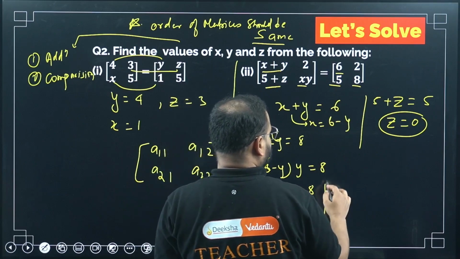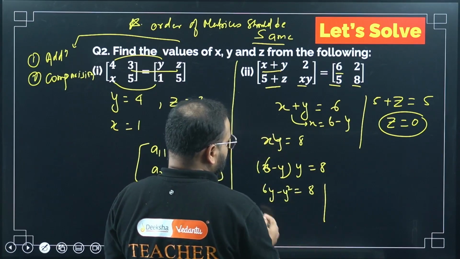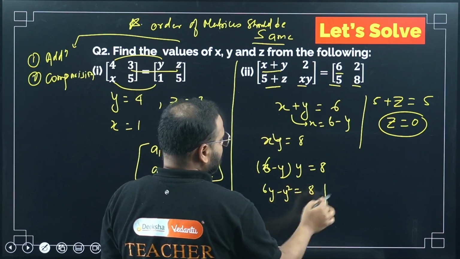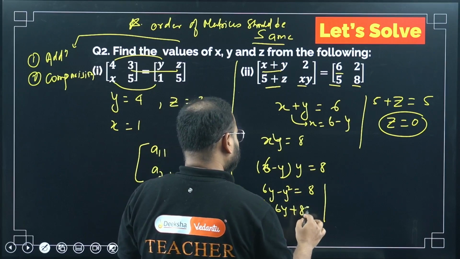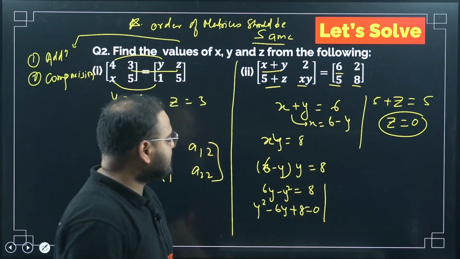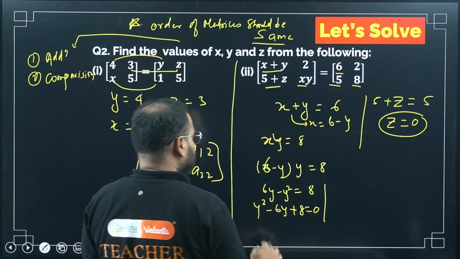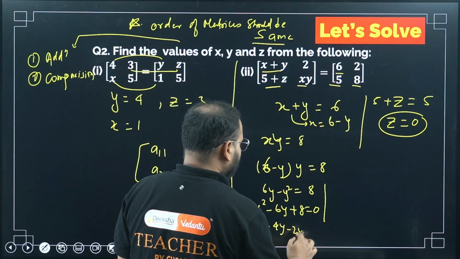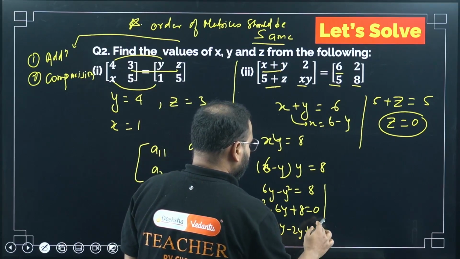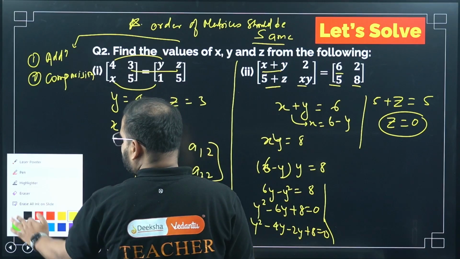Okay. Now from here I'll get a quadratic. So bring everything to the other side. I'll get y square minus 6y plus 8 equals 0. Can we factorize it? Yes. Minus 4, minus 2. So I'll get y square minus 4y minus 2y plus 8 equals 0. Let me factorize and get the final answer.